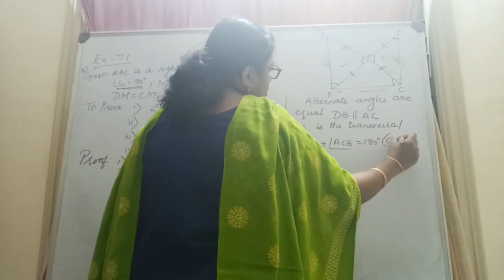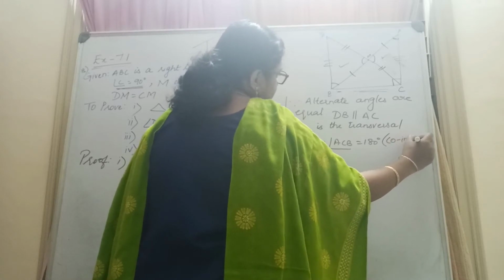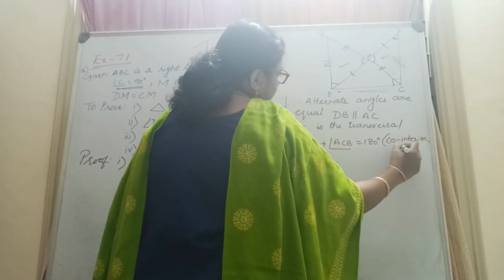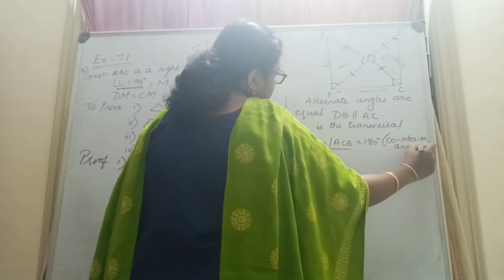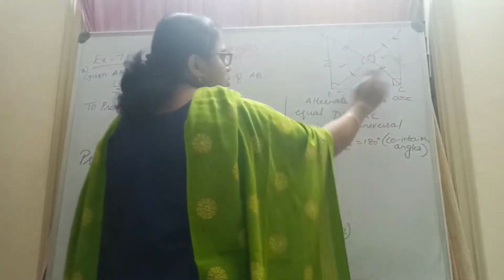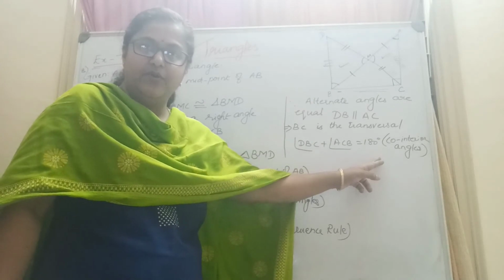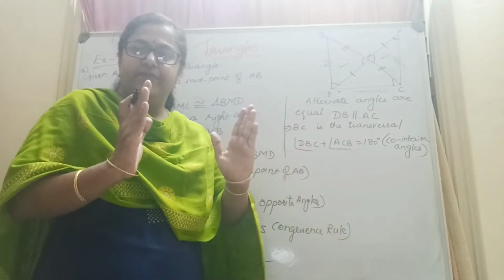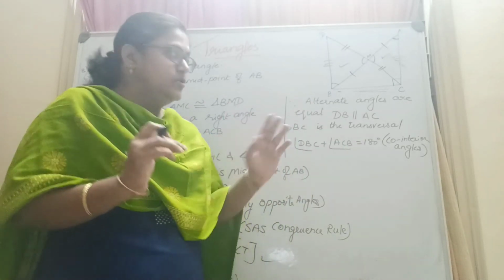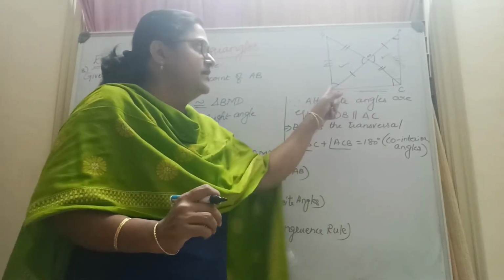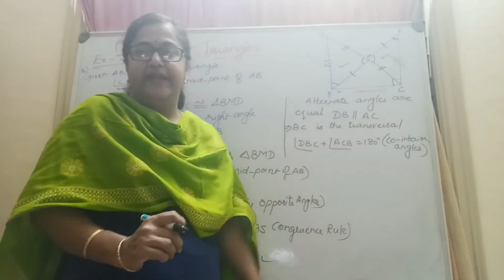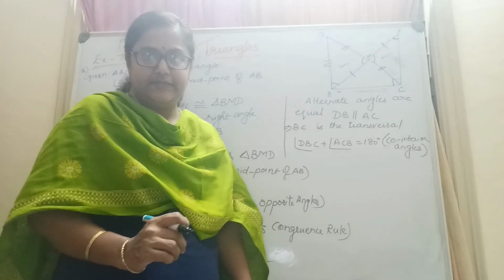Reason being, co-interior angles. If the lines are parallel, the co-interior angles, when you add, should be 180 degree, right? That is how we have learned. Two parallel lines never meet, and the two co-interior angles, when you add, you should get 180 degree. That is the rule for parallel lines, right?